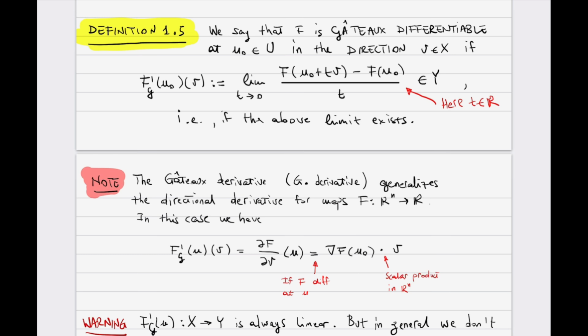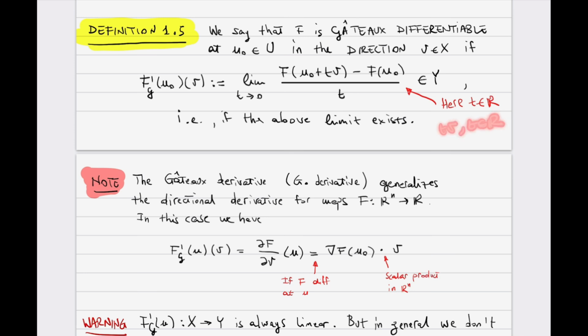Remember that in the Frechet derivative we are doing this kind of variation, u0 plus v, along all the directions in X. Here we're just moving along the direction tv for t belonging to R.